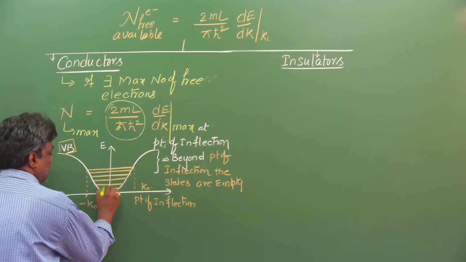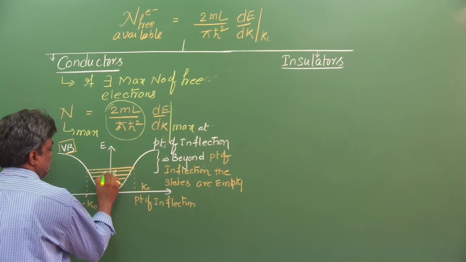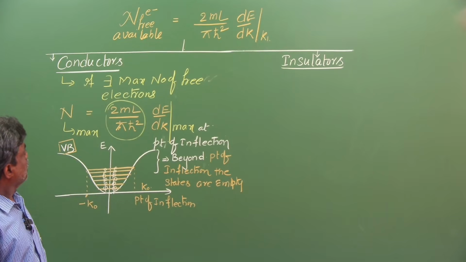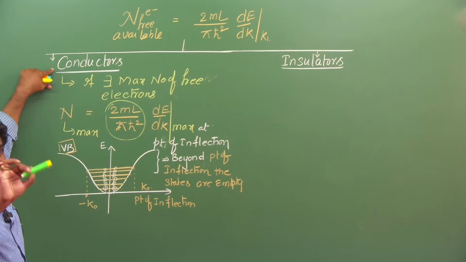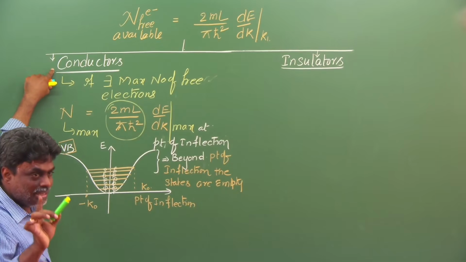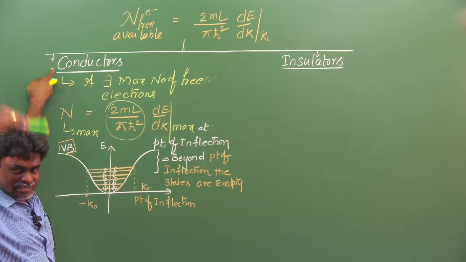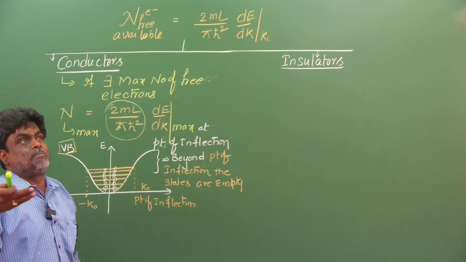That means here only we have the electrons. In case of a conductor, if this material behaves like a conductor, there exists a valence band, and that valence band is incompletely filled.